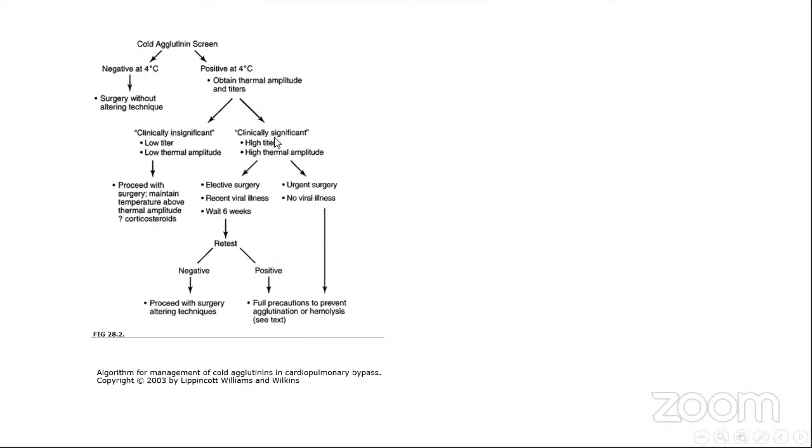But if it's clinically significant, with a very high titer, between 1 to 32 and 1 to 128, and it's an elective surgery, meaning the surgery can be delayed, maybe he has some infection there, so we'll wait till 6 weeks.